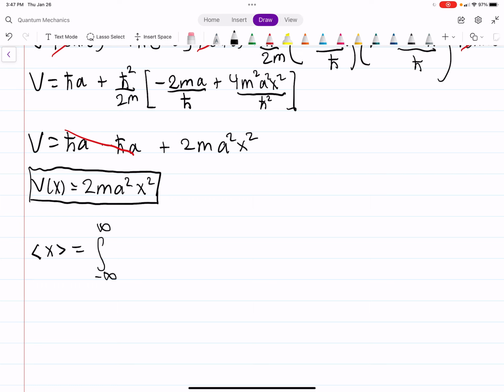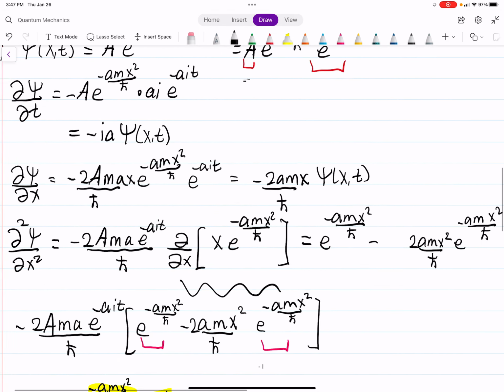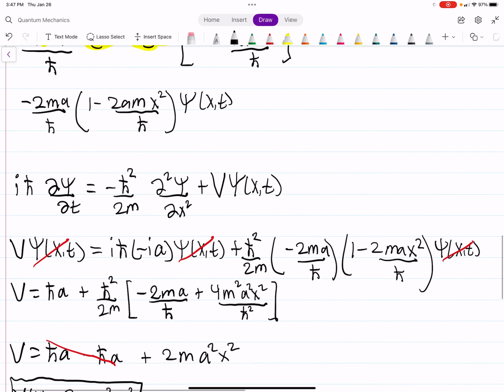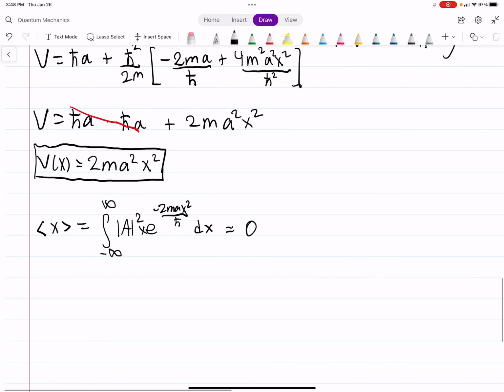And we're going to have the normalization constant squared times e to the minus 2am x squared over h bar dx, and then times x. An odd function times an even function is an odd function, and over that symmetric interval it's 0. So that's fantastic.